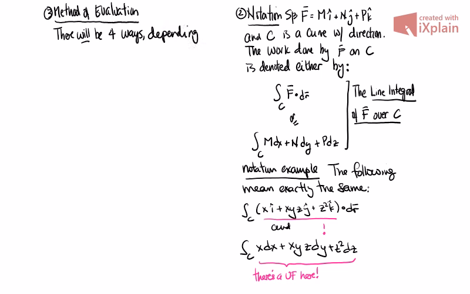Really, the situation is not that you could do it any of them, but in certain situations, specific ways will be the best ways. So there'll be 4 ways depending on the circumstances. In this section, this is the most basic way. You could think of it as the long way, but it will always work.